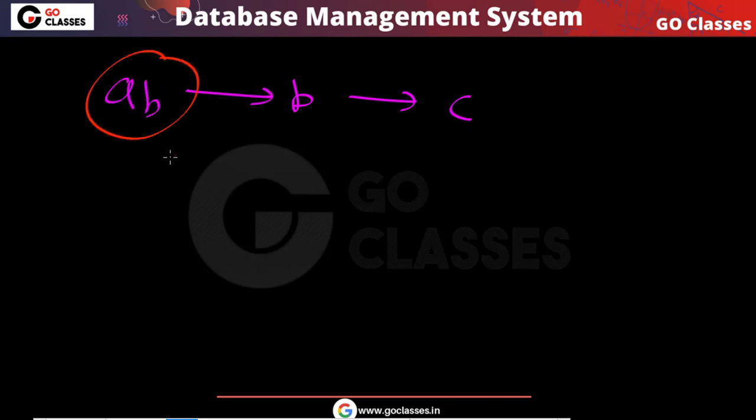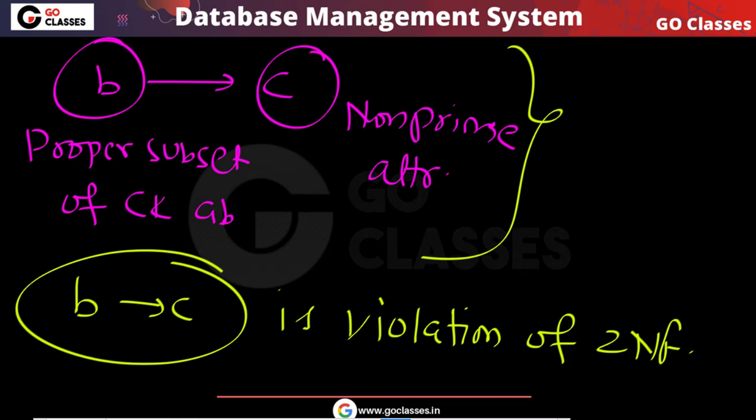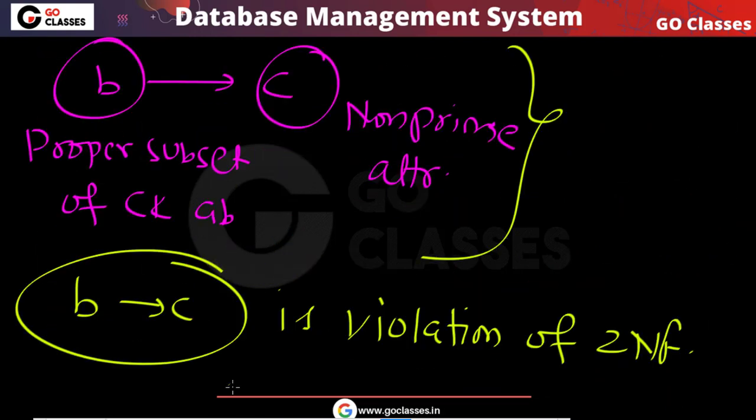So this is actually a partial dependency, because you don't need this A. That is the reason I told you this is the violation. So remember, violation is a proper subset of candidate key determining a non-prime attribute. That is violation of 2NF. So this relation is not in 2NF.